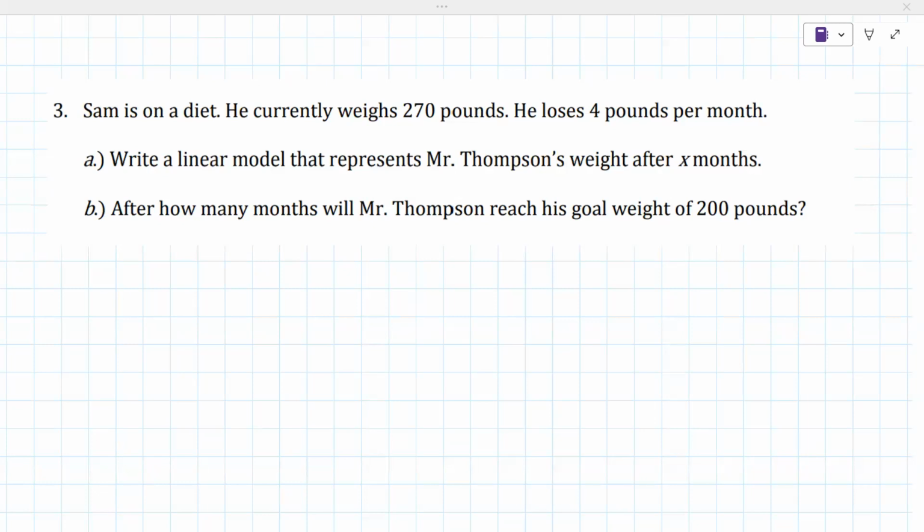So A would be 270 minus 4x. And then 270 minus 4x equals 200.